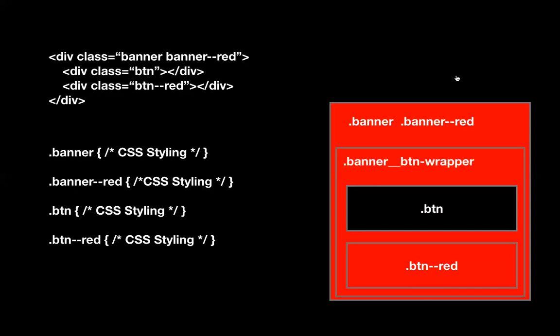But you come across a problem. Even though these buttons can be considered unique, the placement of these buttons is reliant on the block, right? Imagine having a banner where you want the buttons on the lower right, but then you have a form and you want the buttons on the lower left.